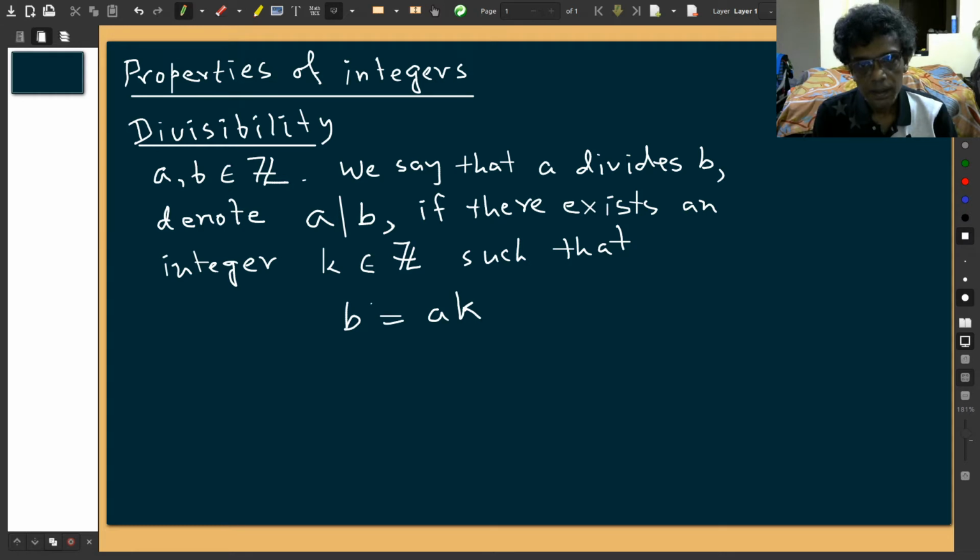Okay. So a divides b essentially means b is a multiple of a, or a is a divisor of b.